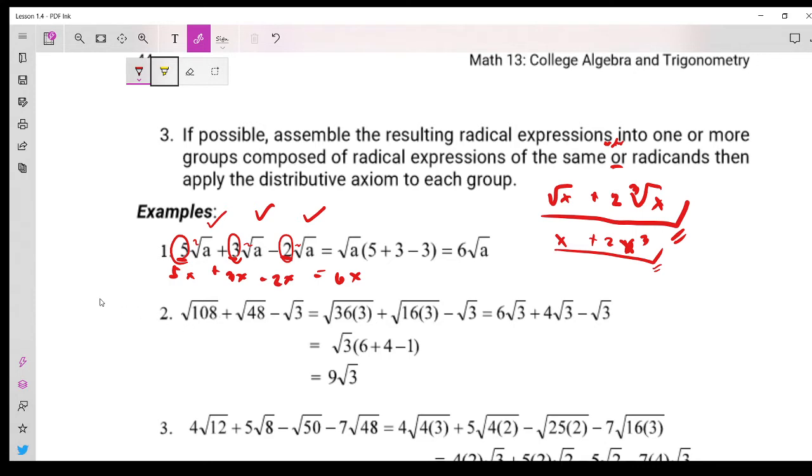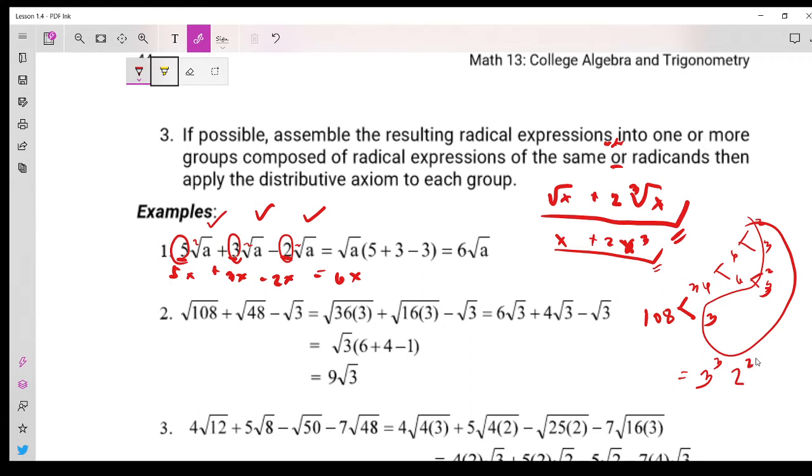So 108, we're going to find the prime factorization. 108 is 36 times 3, and then 36 is 6 times 6. 6 is 2 times 3, and then 6 is 2 times 3, and then you have to get the outermost factor. So 3, how many 3's do we have in here? 1, 2, 3. So you have your 3 cubed, and then how many 2's? We have two 2's. So 2 squared.